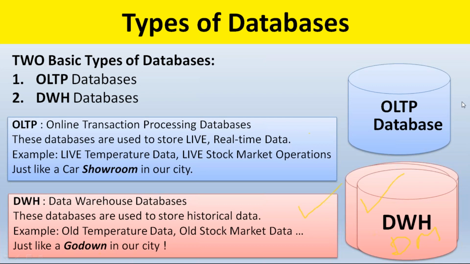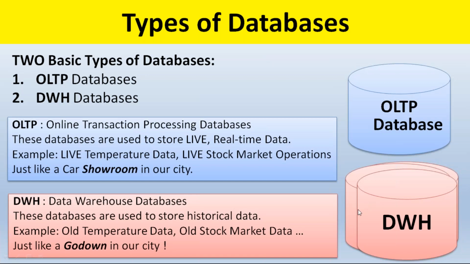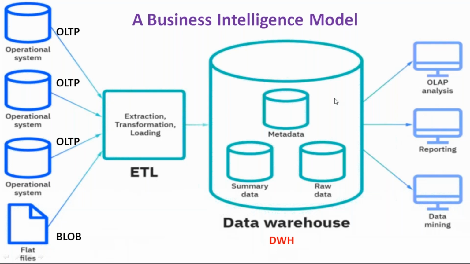We say big data. And who is going to use a warehouse? AI tools, data science, analytics, reporting, dashboarding, everyone. The end users will be using the data warehouse as their source of information.